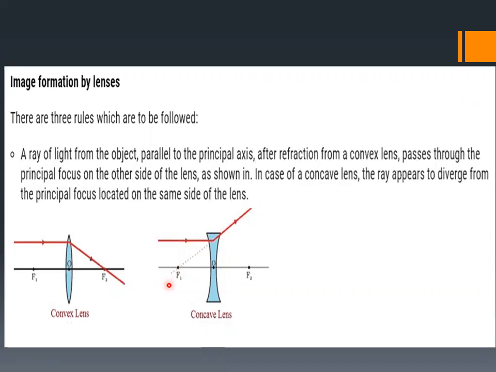This is the first rule for image formation: the ray of light from the object parallel to the principal axis, after refraction from a convex lens, passes through the principal focus on the other side of the lens, as shown. In the case of a concave lens, the ray appears to diverge from the principal focus located on the same side of the lens. This is the first rule.